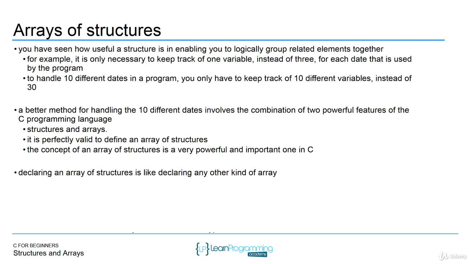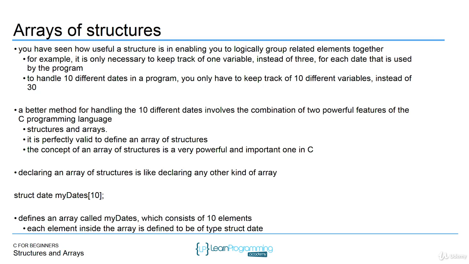Declaring an array of structures is just like declaring any other kind of array. You specify the type, it just so happens it's a structure type. So if you want to create an array of structures named date, you would say struct date and then the variable name, and then you use the brackets just like for other arrays. You have to specify the size.